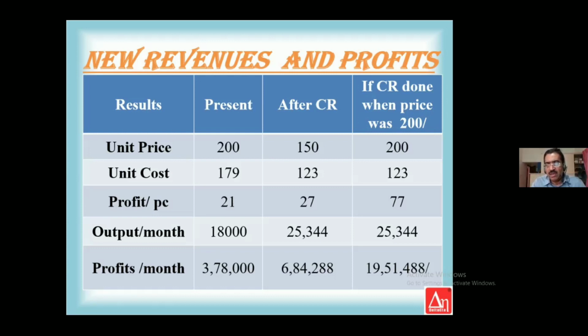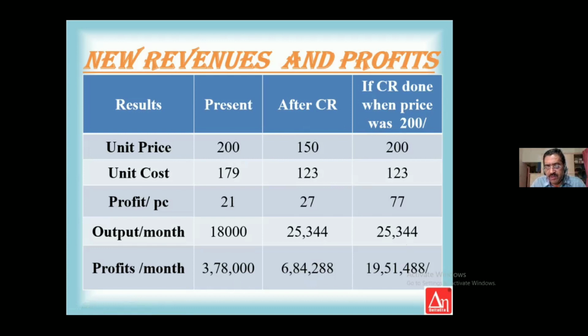Now imagine if the CR was done when the price was 200. Your price was good and you do a CR of the same stature, you land up with profits of 19 lakh rupees per month, which is 5 to 6 times the profits of the existing system.